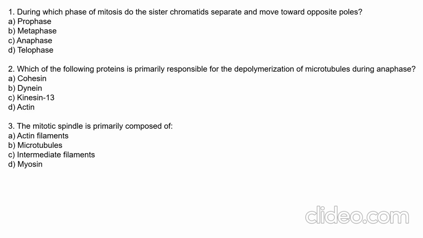Okay, so the next question is, the mitotic spindle is primarily composed of which of these things? Ma'am, microtubules. That sounds right. Does anyone else have any other answer, or does everyone agree with microtubules? Seems everyone is in agreement. So you're absolutely right.